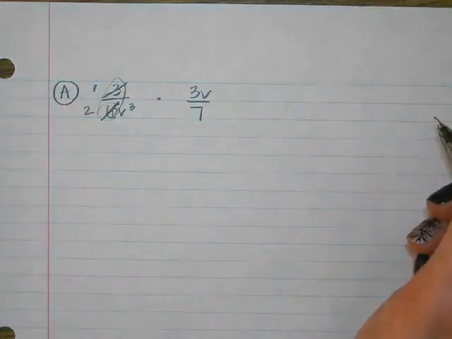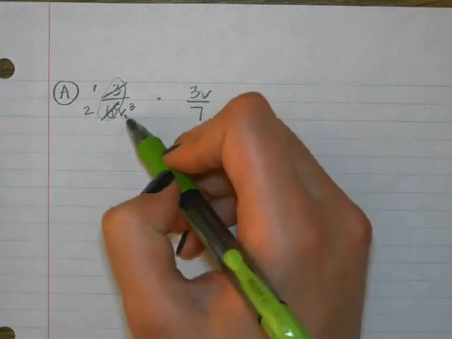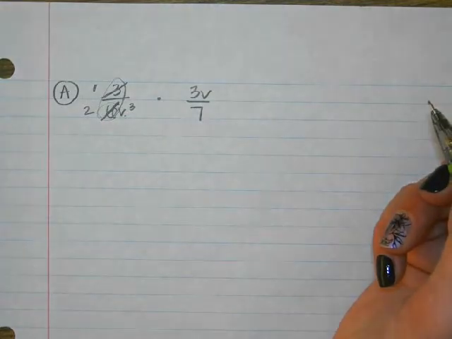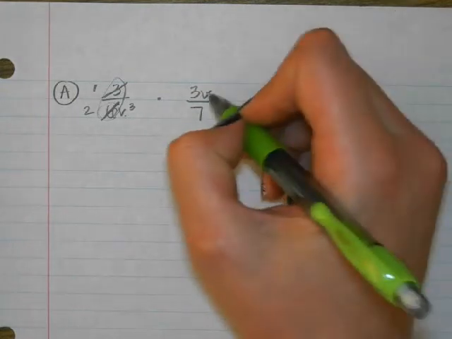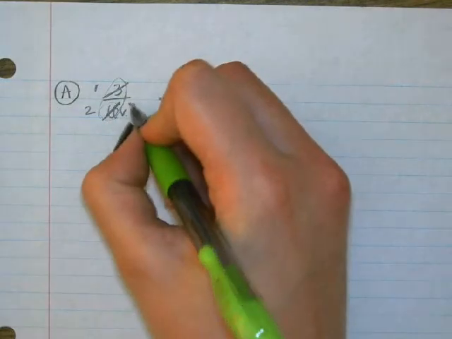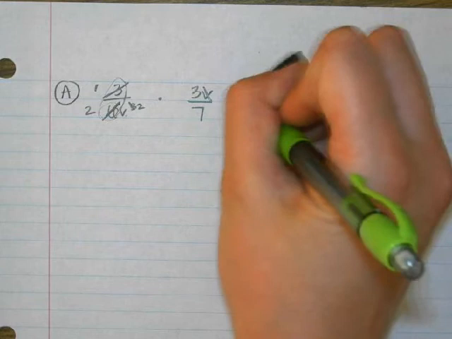The v's. So we got a v on the top and we got v to the third on the bottom. What do we see? v to the 1 and v squared. Yeah, so we're going to cancel this one with one of these, and it's going to leave 2 of them left. Okay, so this is a multiplication problem.